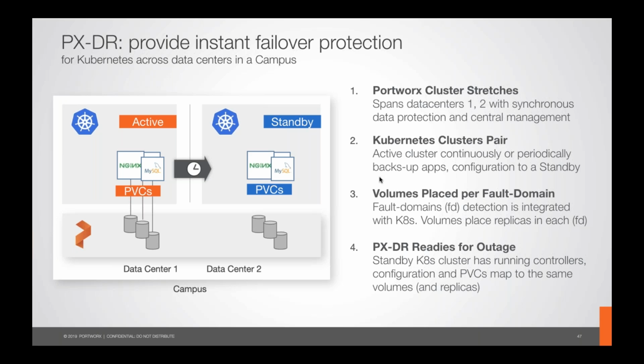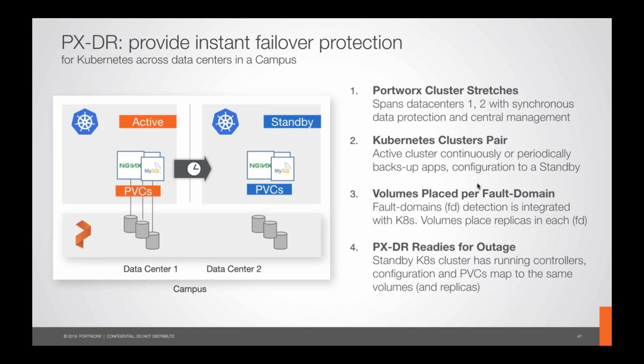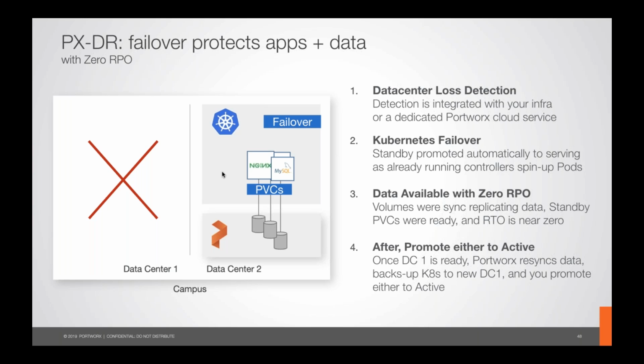One is synchronous replication for Kubernetes across data centers in a campus network or in a metro area. And the second is asynchronous replication for data centers across a wide area network. In the synchronous case, I have a single Portworx cluster that spans 2 distinct Kubernetes clusters, 2 distinct data centers. If I lose my primary data center, I can fail my application over to the secondary data center.